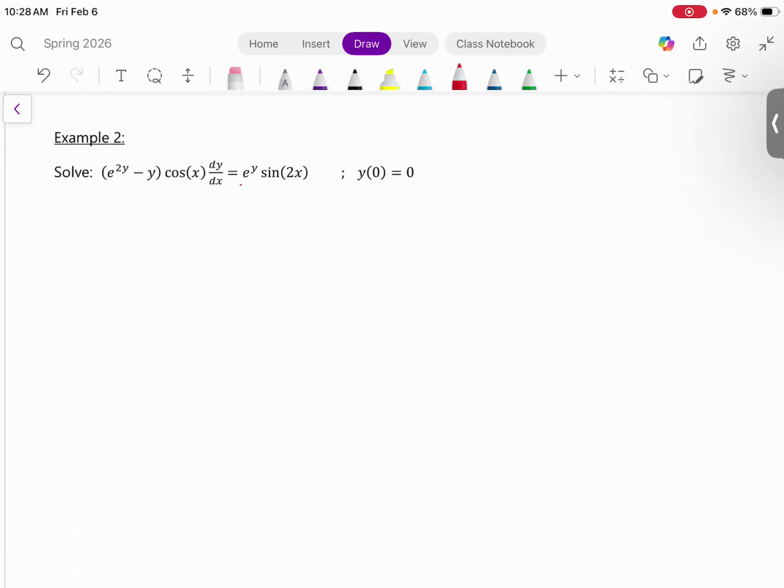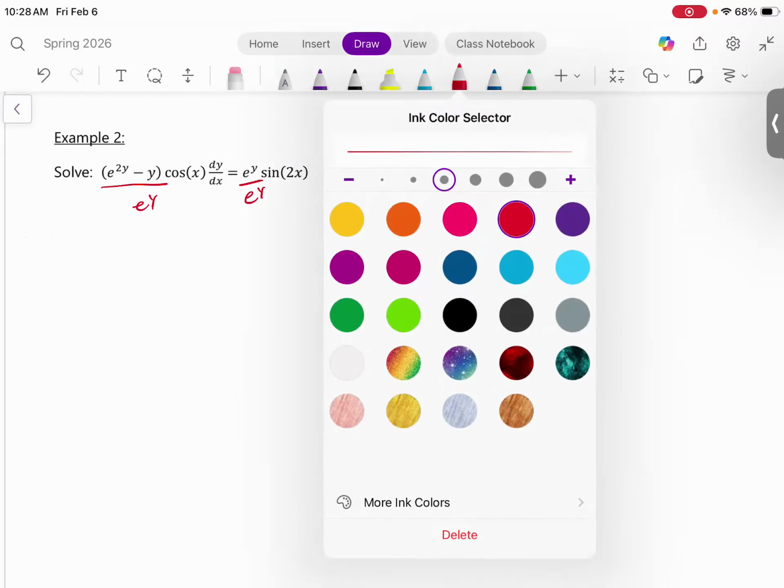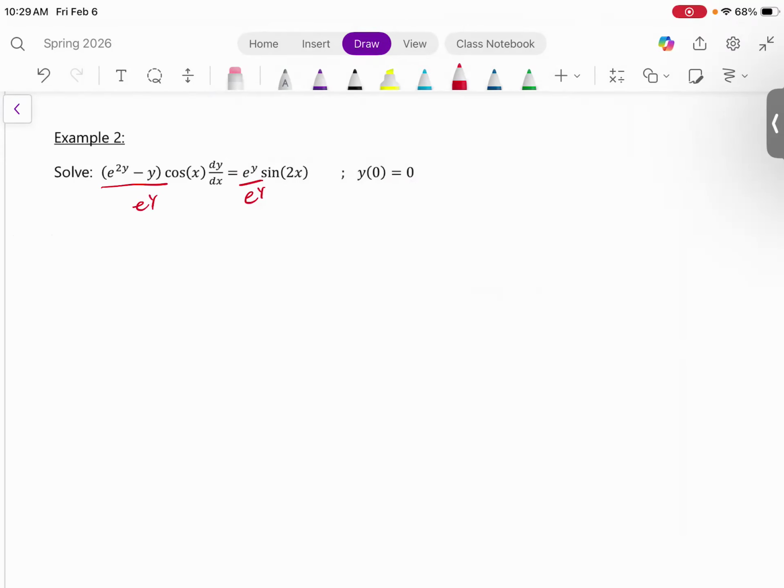So I'm going to divide by e to the y to this side. And I'm also going to divide by cosine of x to both sides. That's because it would cancel out here and the cosine would cancel out on the left side.